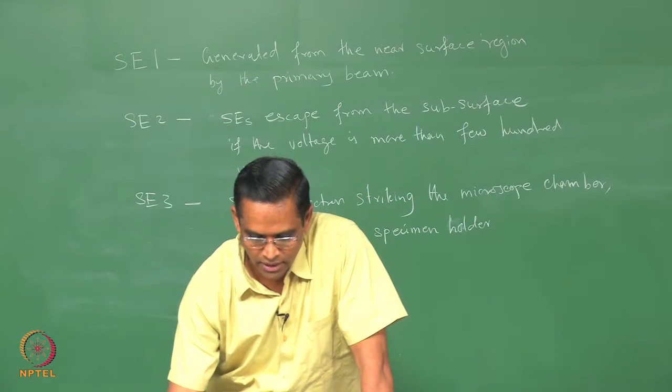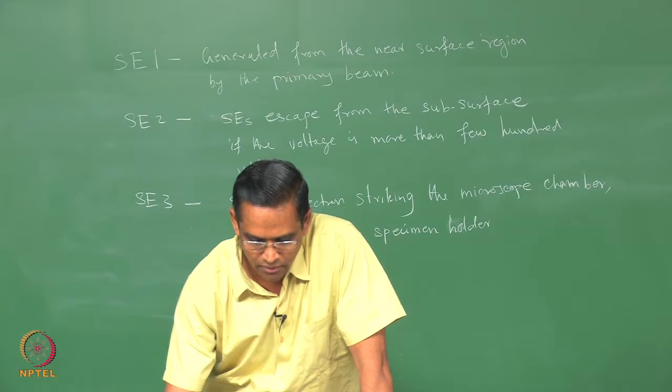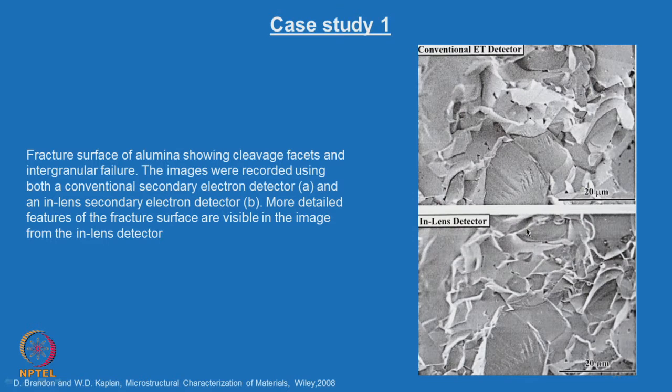If you have the in-lens detector, you get better features, better contrast, and you are also seeing much more detail. You can see that the details in the left corner are much better with the in-lens detector.